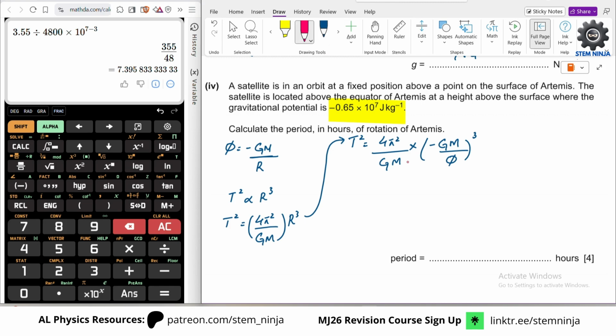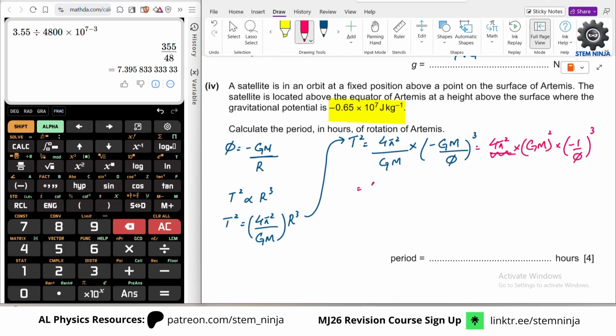Okay, so one of the GMs will get cancelled, so we will be left with 4 pi squared times, there's going to be a minus over here, so we don't have to worry about anything, GM whole squared times negative 1 over phi cubed.